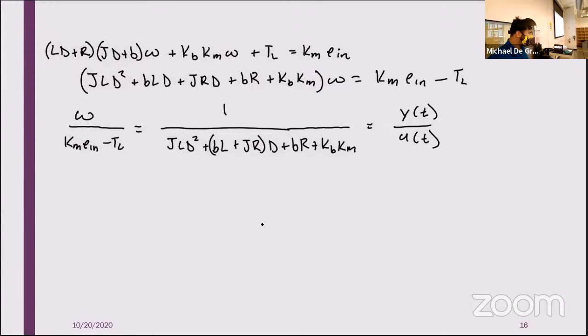That's what we've got. That's our transfer function. It's gross and it's nasty. It's actually not that bad. But it's second order. So now what?